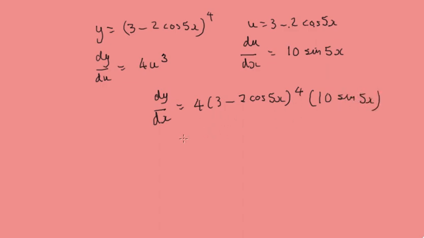So 10 times 4 is 40 sine 5x, 3 minus 2 cosine 5x to the power 4. Oh, to power 3, sorry. And that's obviously to the power 3 too, because of that. So I hope that helps.